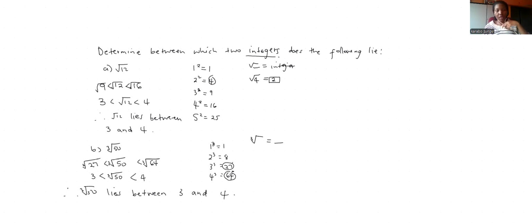Okay. And then I think we can do one more. And then here's the third one. For this one, they want to know between which two numbers the negative square root of 28 lies.